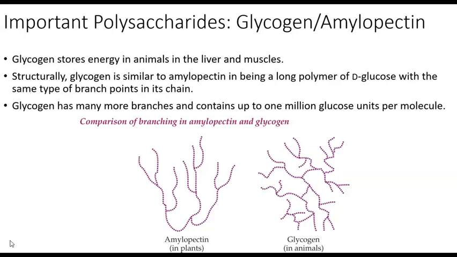So amylopectin is a polymer that we find in plants, and glycogen is basically sugar branching that we see in humans, in the liver and in our muscle cells, that we can break down to access glucose really quickly for different metabolic processes.